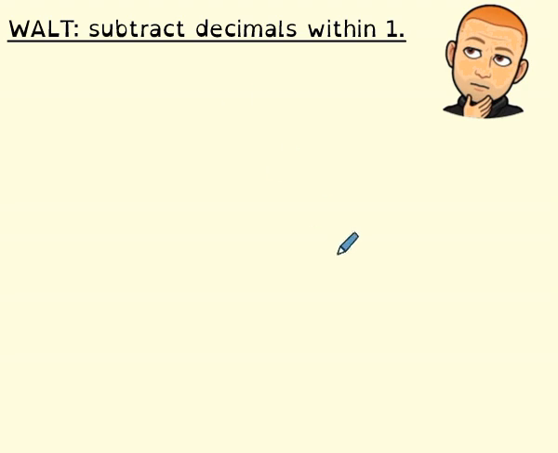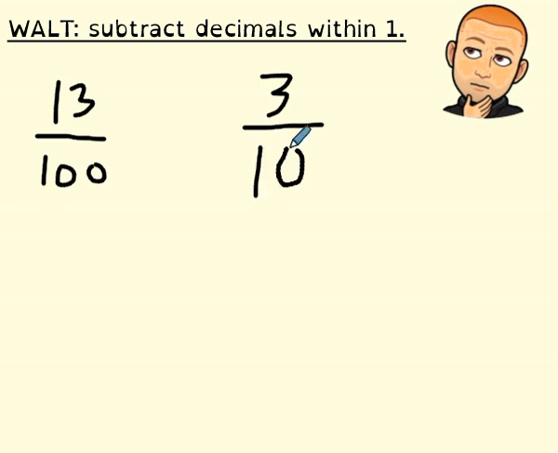If I wanted to find the difference between 13/100 and 3/10, 13/100 will be written as 13/100. 3/10 will be written as 3/10. If you think about that 100 square again, 3/10, so 3 complete rows or 3 complete columns, is made up of 30 hundredths.